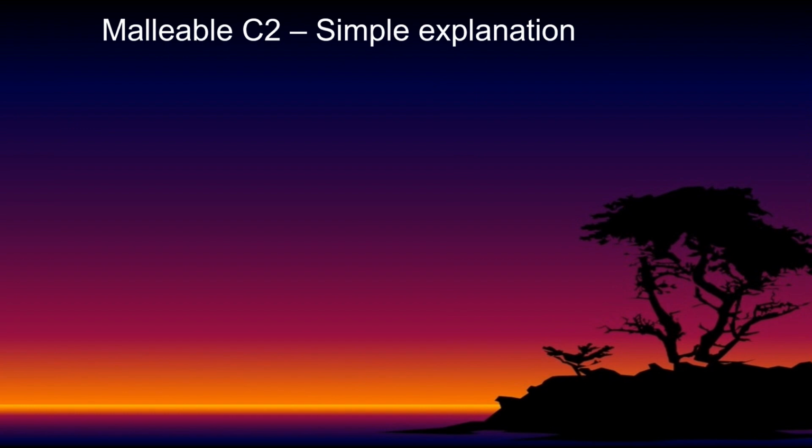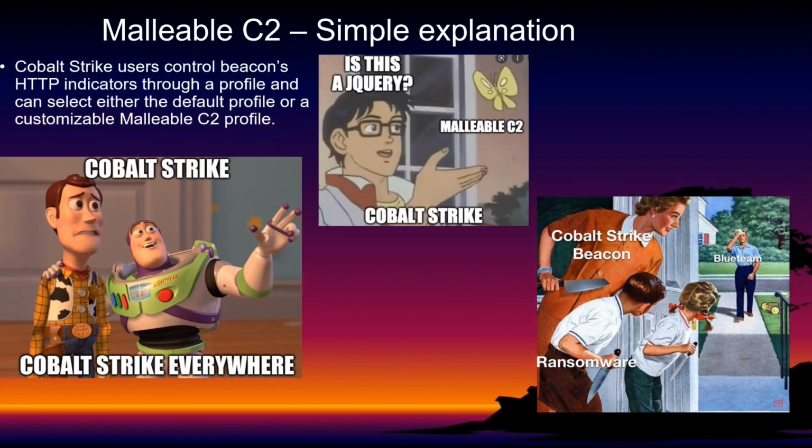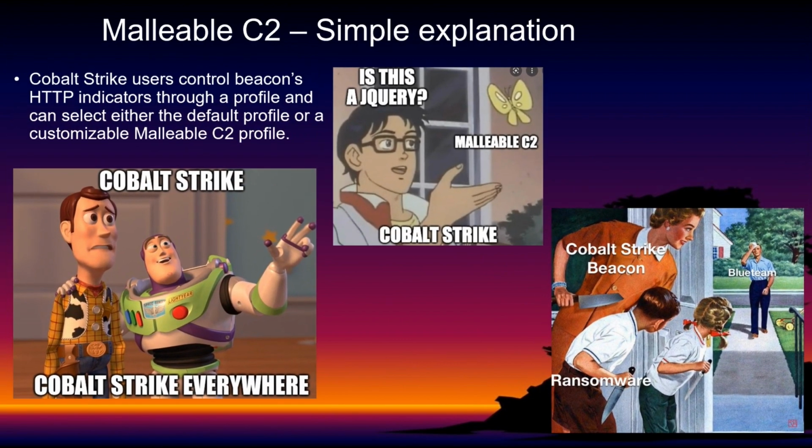All right, malleable command and control. I haven't mentioned this, but this is probably the most powerful feature of the Cobalt Strike framework. Cobalt Strike users control beacon's HTTP indicators through a profile and can select either the default profile that I was talking about, with default pipes, default ports, payloads and everything, or they can use a customizable malleable C2 profile.